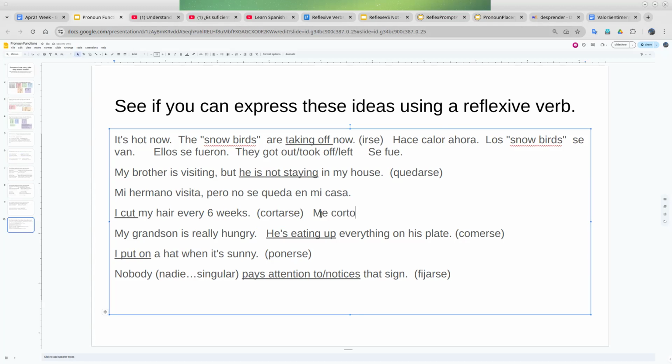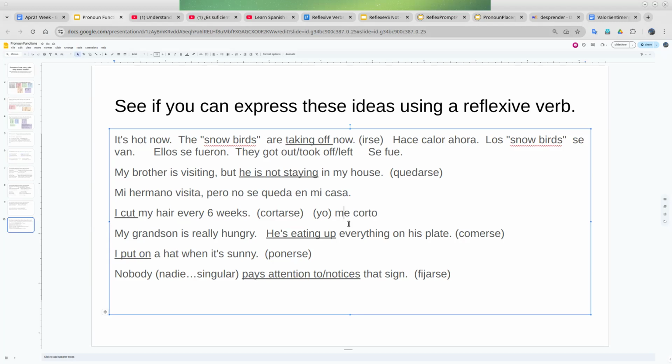Now, you could potentially say yo me corto, with the yo in parentheses, but I would say it's not super likely. If somebody does that, they're saying something like the emphasis in English, well, I cut my hair every six weeks, why don't you? I do it.